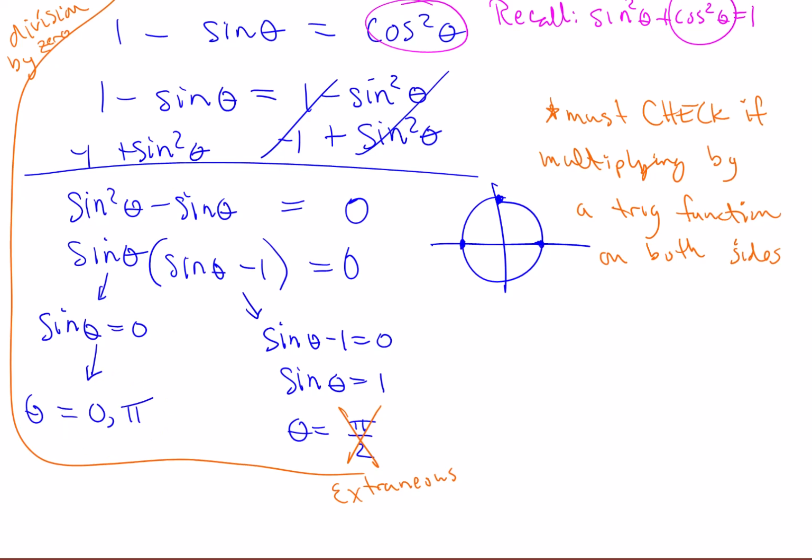If we now seek to represent our solutions to finish off this problem, we'll say the following. Theta could equal, from our first branch much earlier, 0 plus 2k pi, or theta would be pi plus 2k pi.